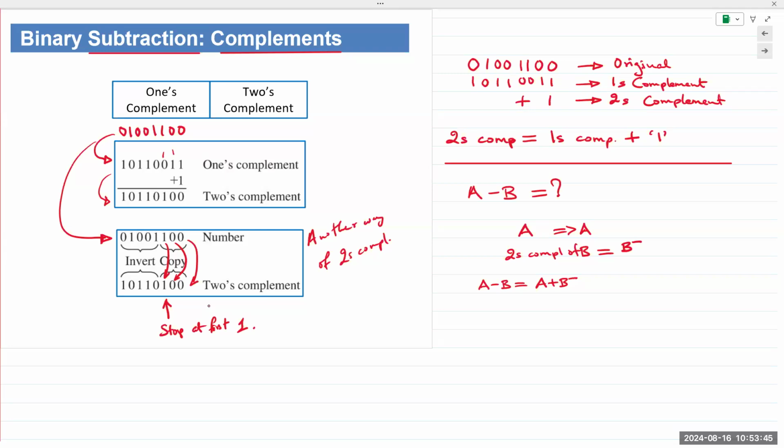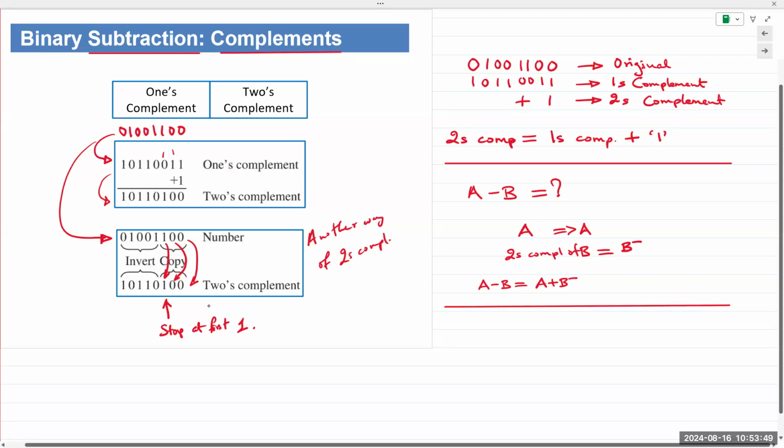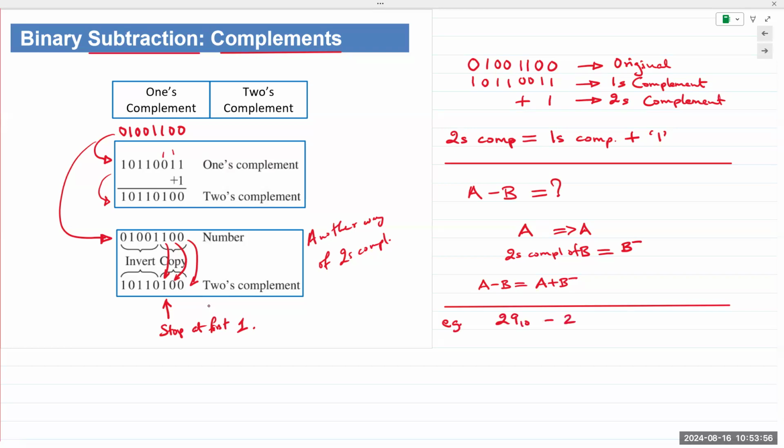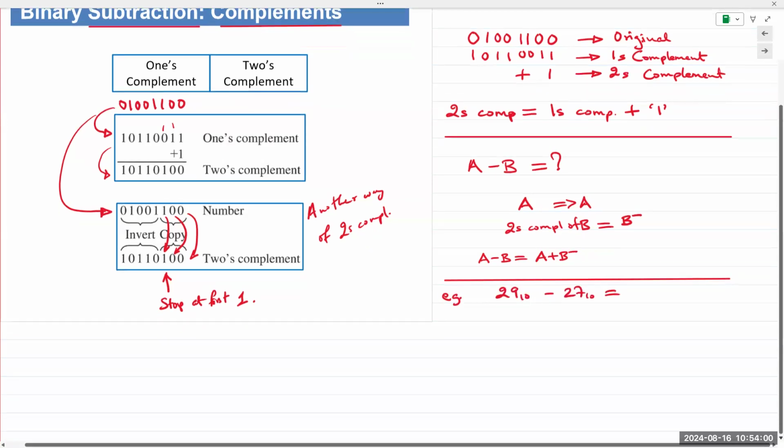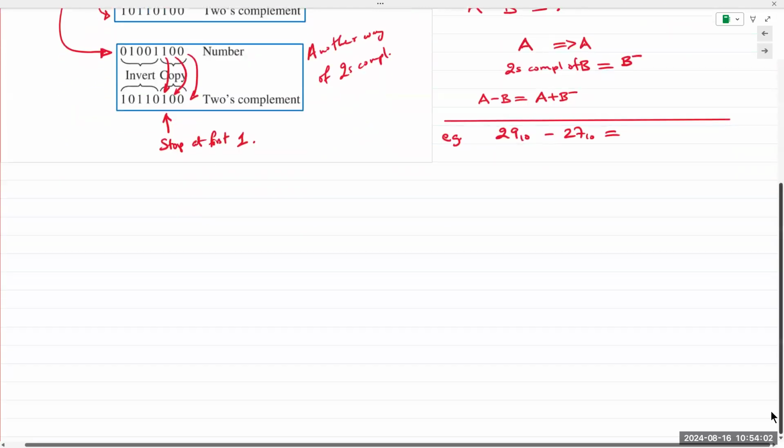Let's say we are trying to subtract 2 numbers, and let's first look at the decimal. 29 minus 27. What is the answer? 4?